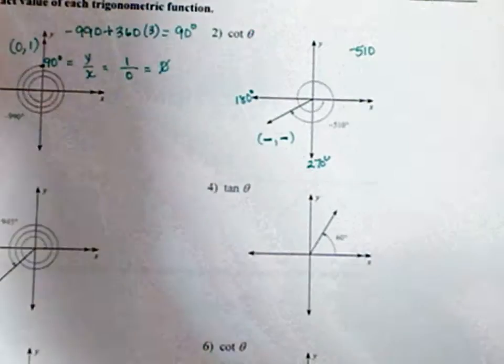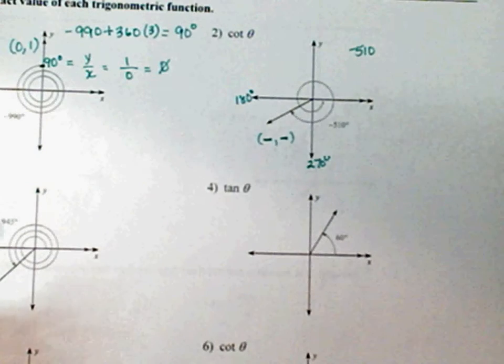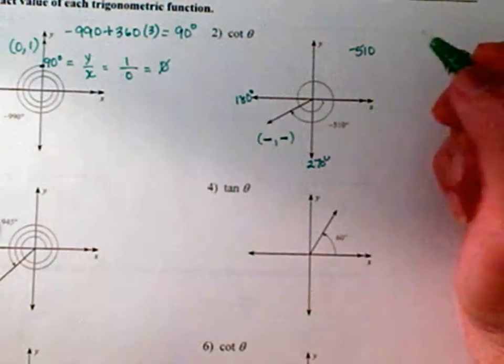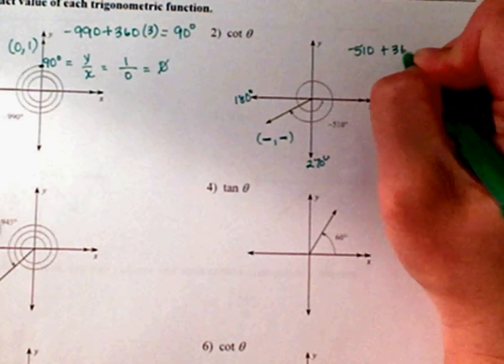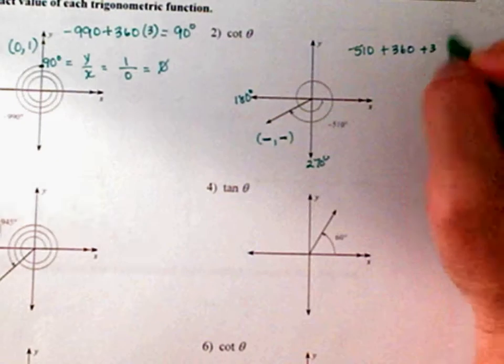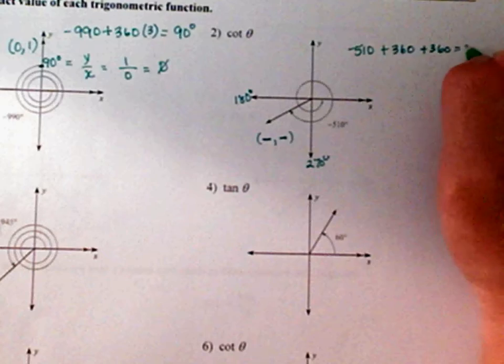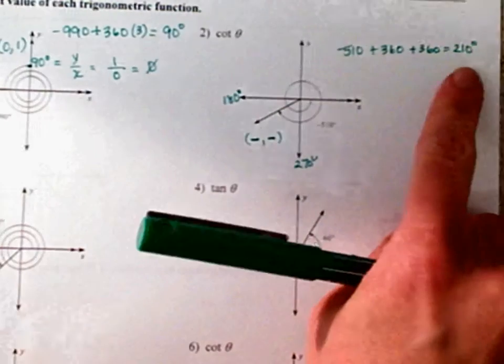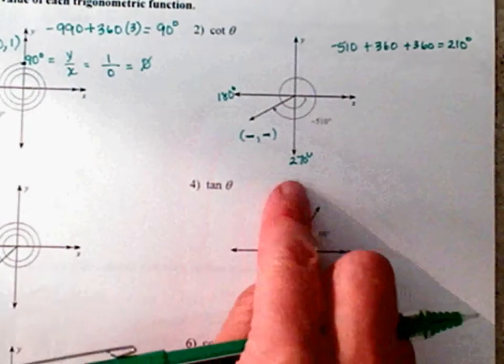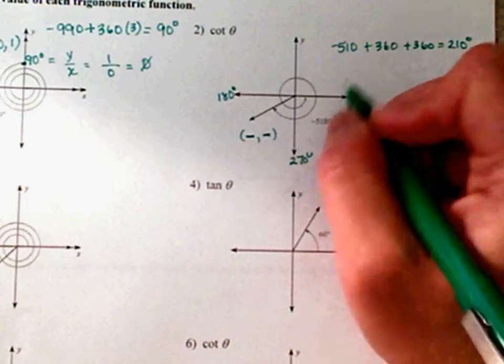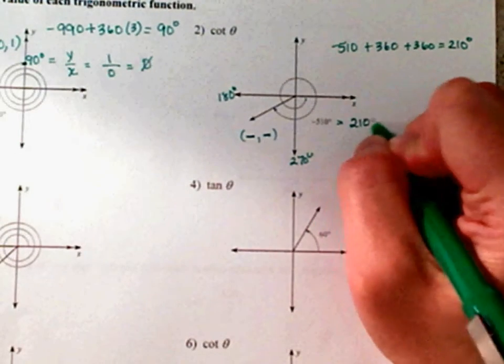So let's take a look. Negative 510 plus 360 plus 360 is the same thing as 210 degrees. Is 210 between 180 and 270? Absolutely. So this right here is the same thing as 210.